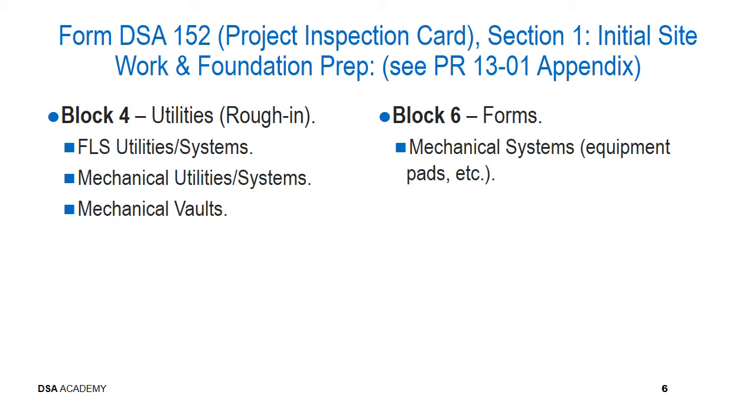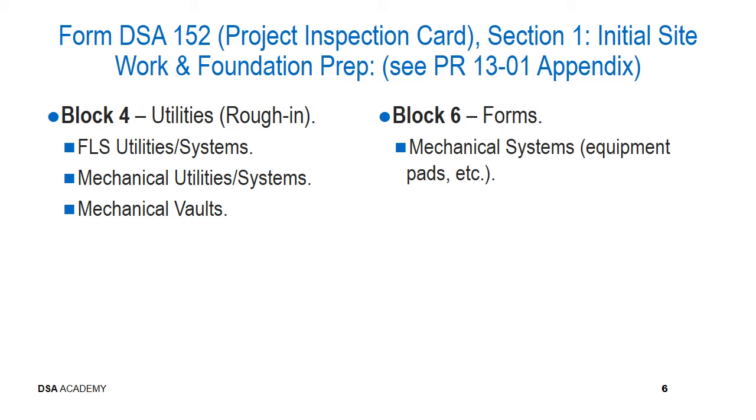So for Section 1, it's possible that in Block 1, which is titled Utilities Rough-In, there may be some FLS utilities and systems, mechanical utilities and systems, or mechanical vaults that are applicable to the project.